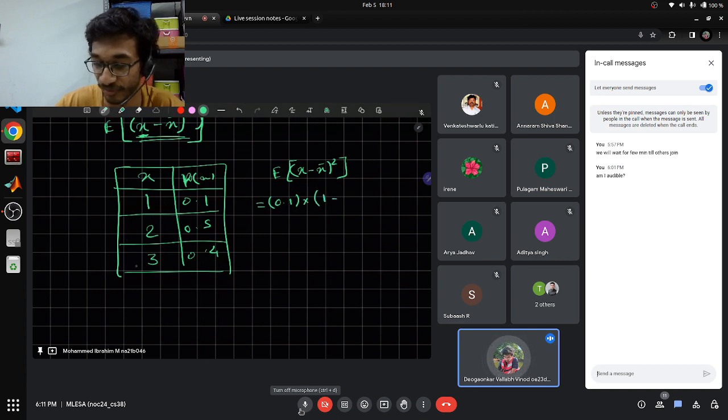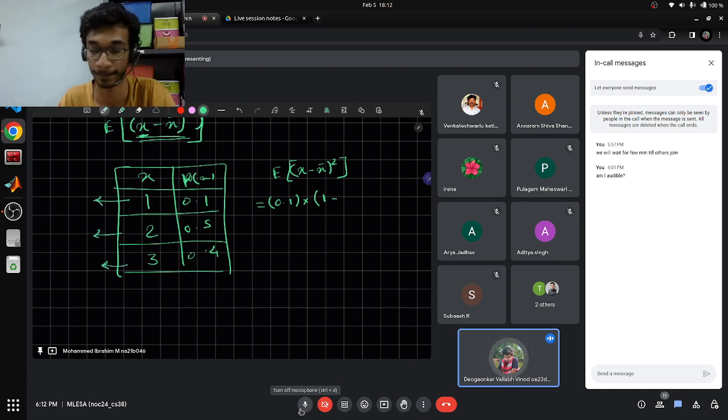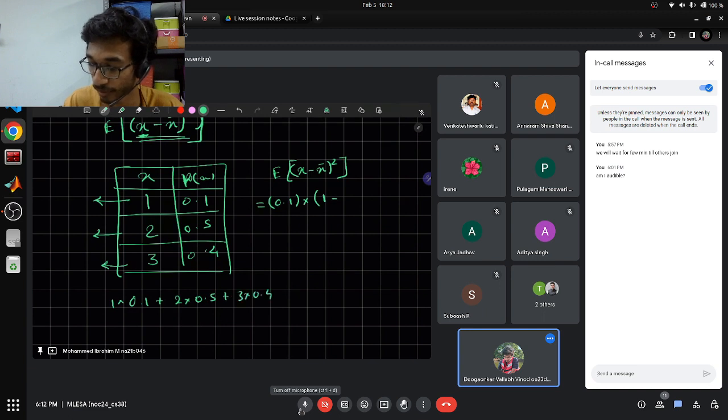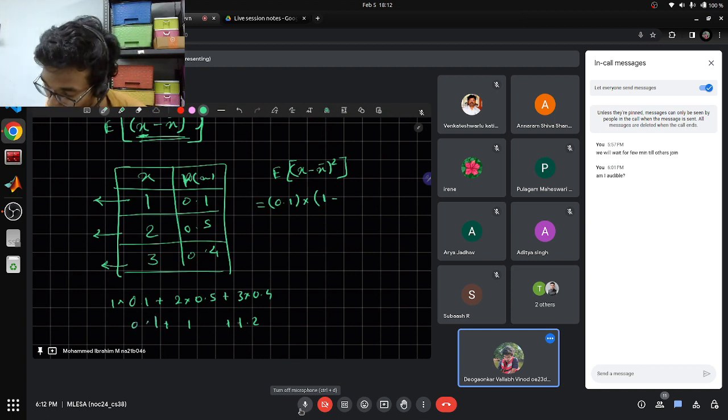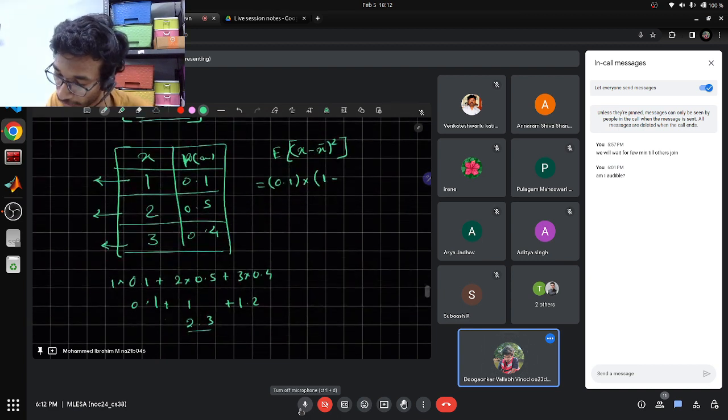So what is the mean of this data? What is the expected value of this data actually? So it's just 1 into 0.1 plus 2 into 0.5 plus 3 into 0.4. That becomes 2.3 here. Right?